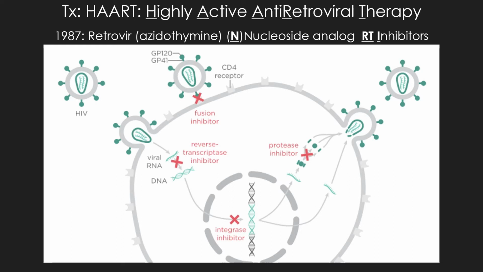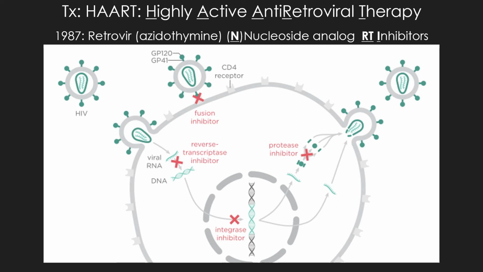They're all grouped together as HAART treatments, which stands for highly active antiretroviral therapy, and they've been around since 1987, which is pretty extraordinary if you think about it, because they identified the virus in 1983, and by 1987 they had come up with a nucleoside analog of thymine called azidothymine, which is able to confuse the reverse transcriptase enzyme and is selectively toxic because you don't have a reverse transcriptase enzyme, and you don't ever take your RNA and convert it to DNA.